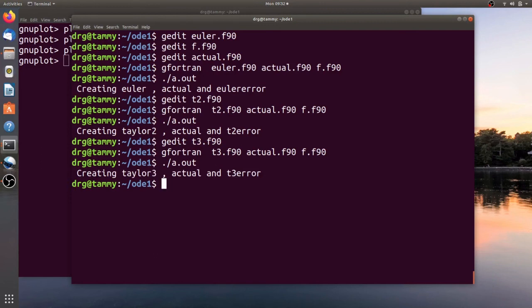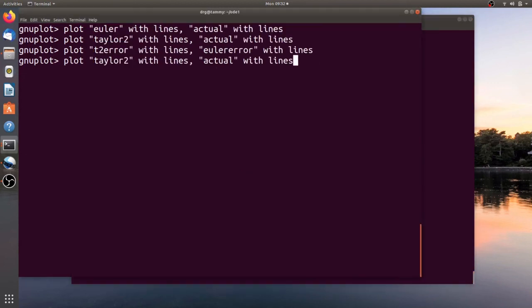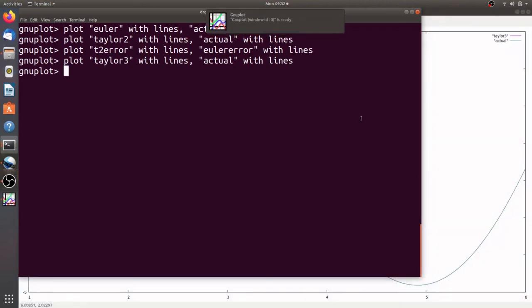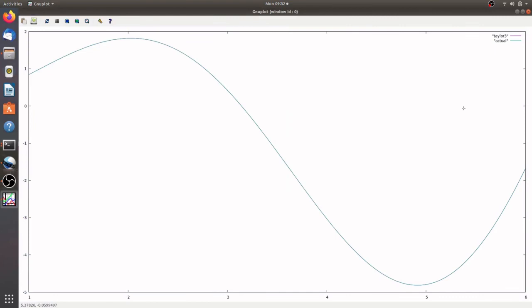The graphs are going to be identical visually now. As we expect.